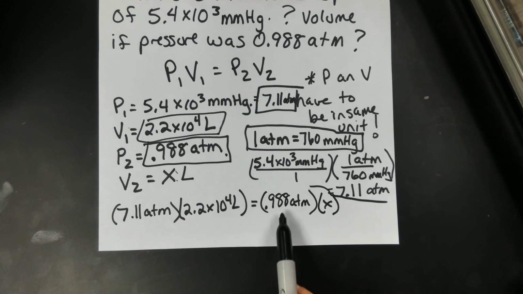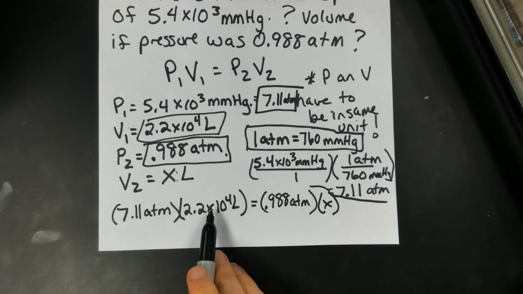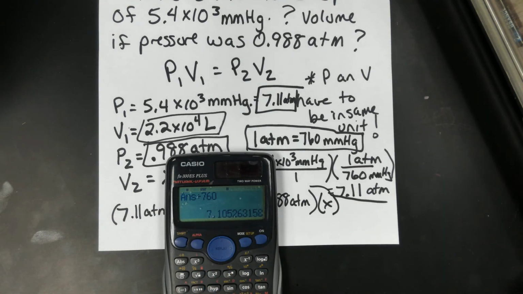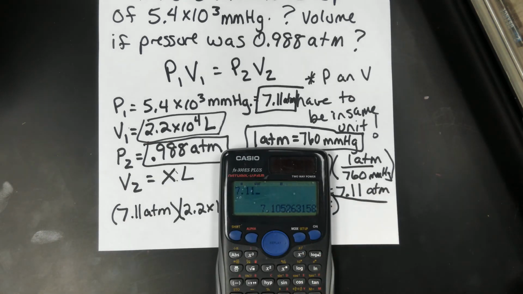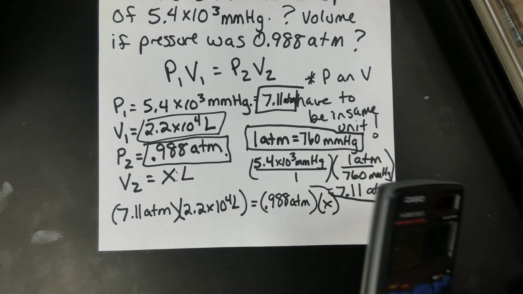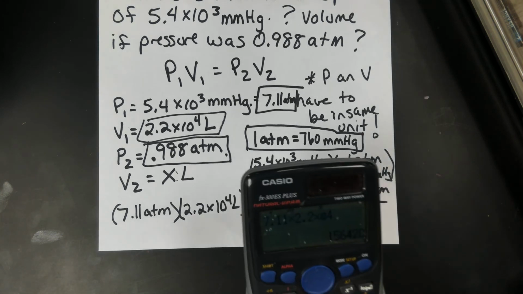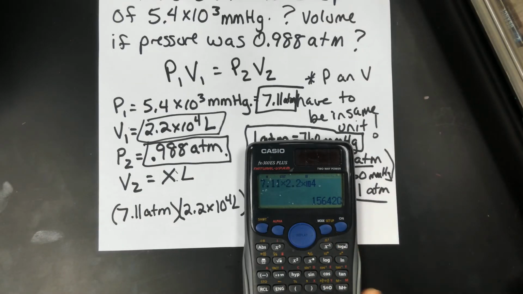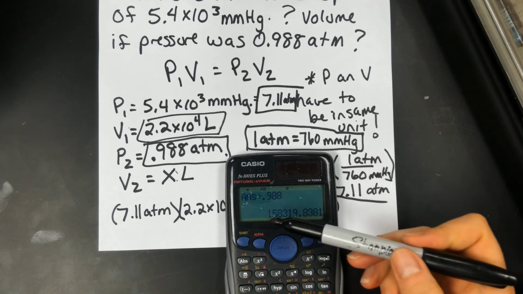P1 V1 equals P2 V2. So then I can multiply these two together and then divide by 0.988. So 7.11 times 2.2 times 10 to the 4. Get a big number, and then I divide by 0.988.